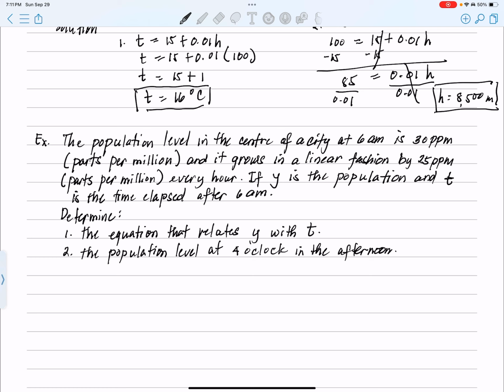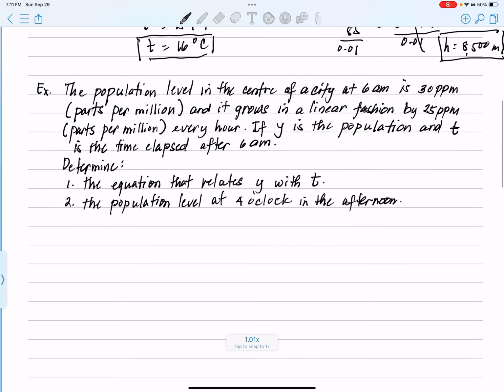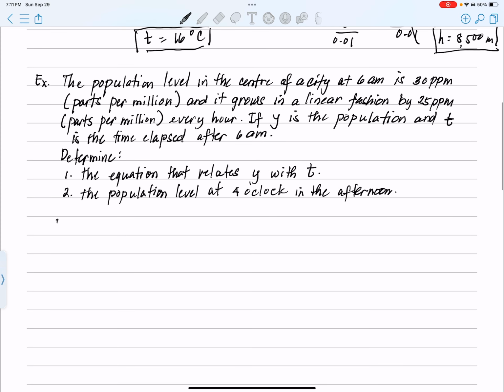All right, let's do the first question. So a solution here. Y in relation with T, just like the slope-intercept form, Y equals mx plus b.